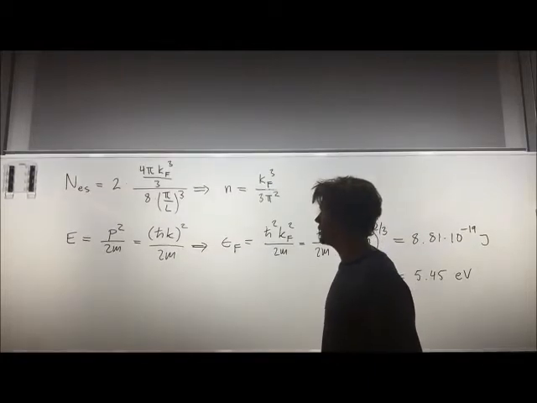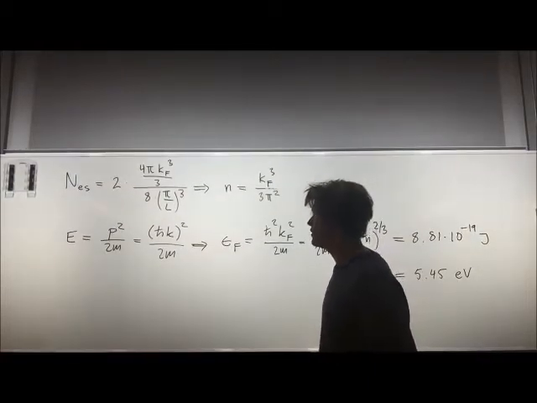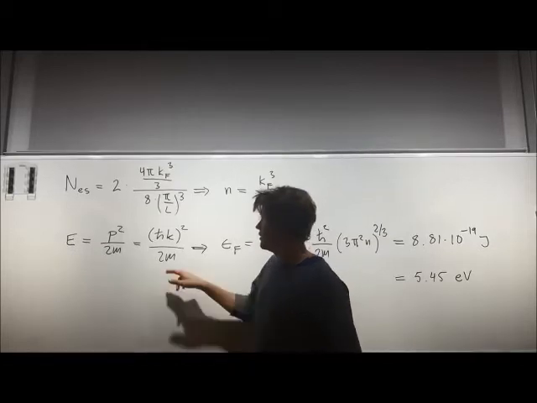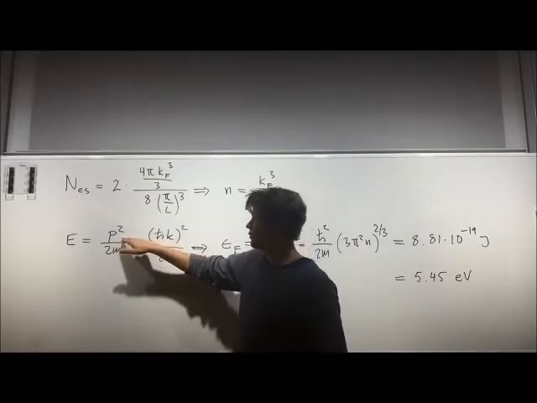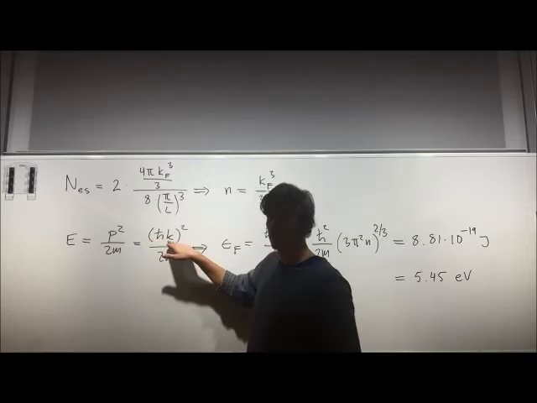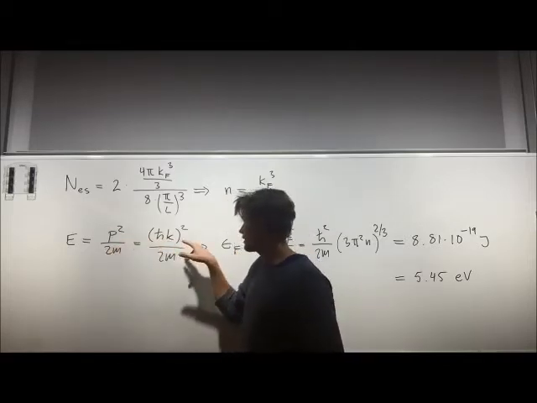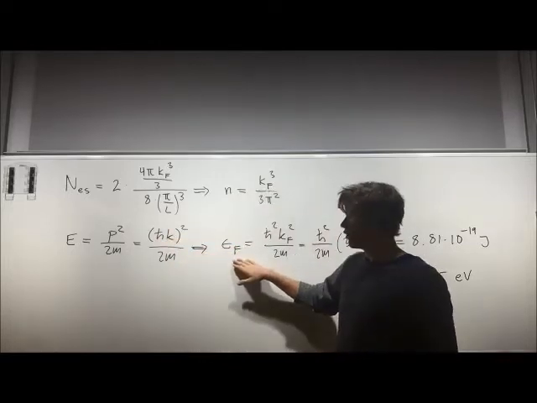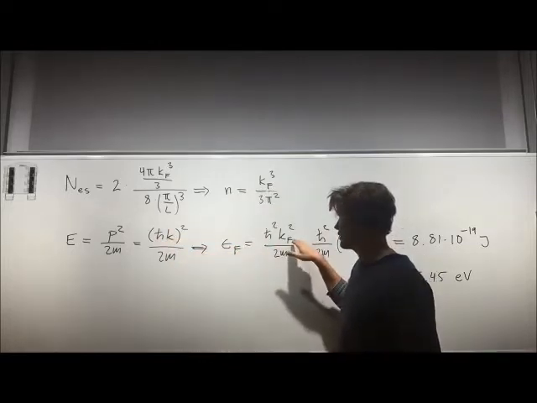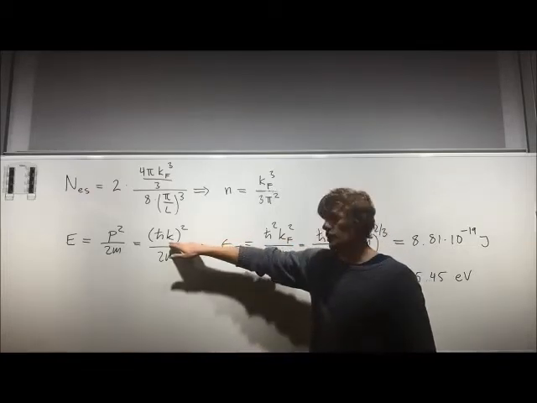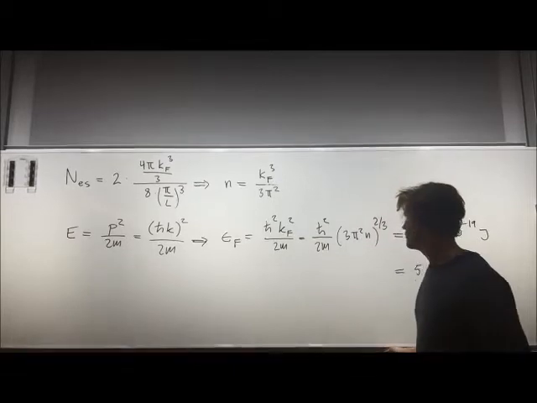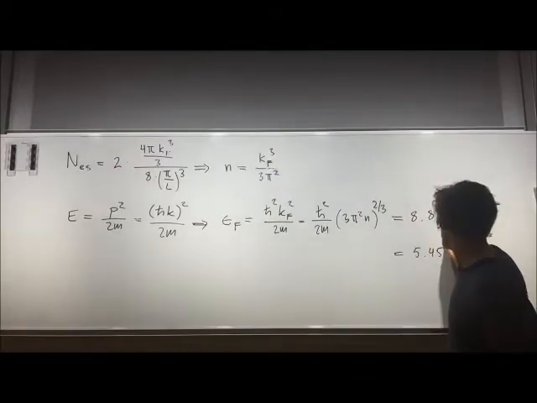And from this we can calculate the energy, and in a free electron model, the momentum is just h bar times k. And using this fact and replacing this, we get the energies. And then just putting in the Fermi k instead of the arbitrary k gives us the complete solution for the Fermi energy.